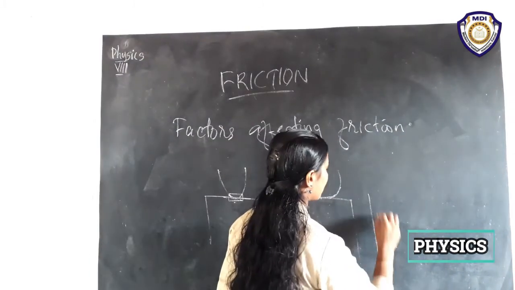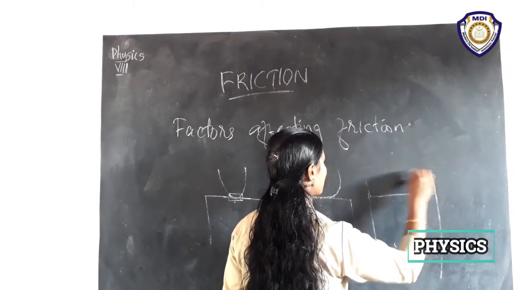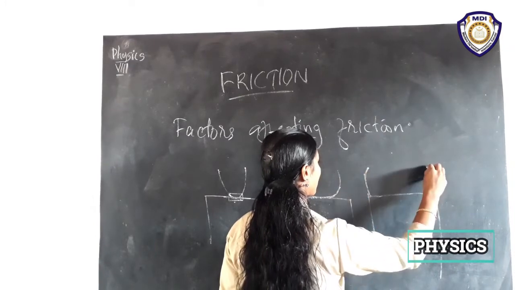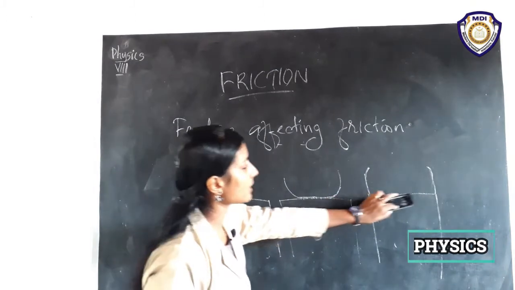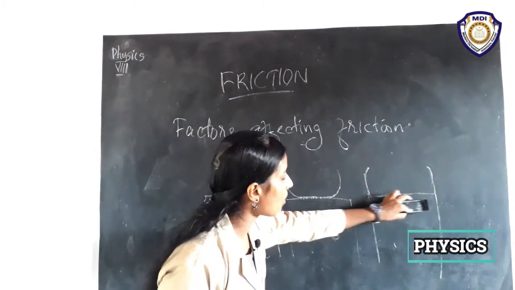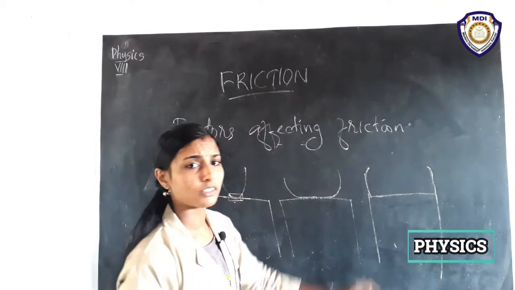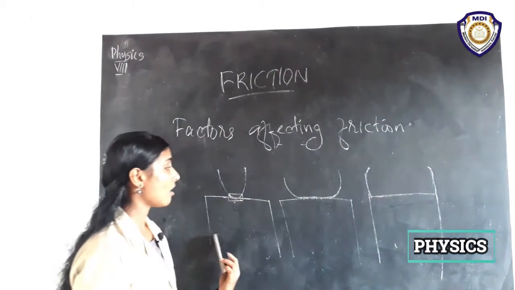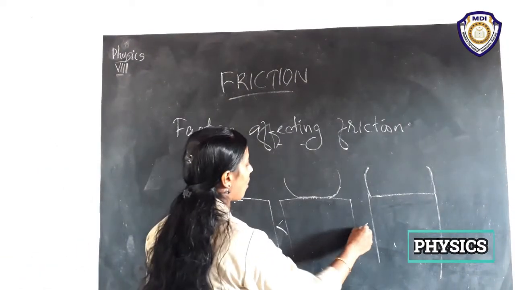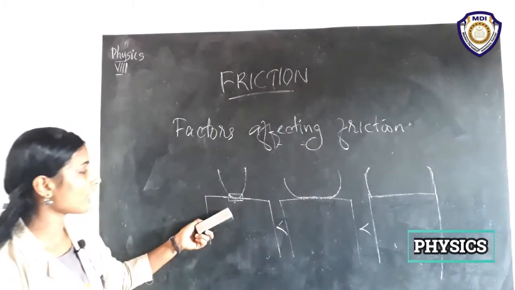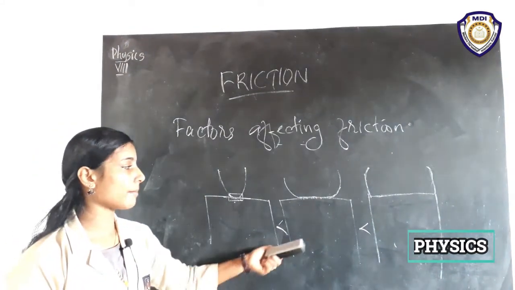And one more scenario we can take, like this. Here it is packed more tightly, that is, how long it is pressed. Here the friction is greater in all these cases, right? So this is the order of friction. How tightly the surfaces are packed is another thing that determines friction.